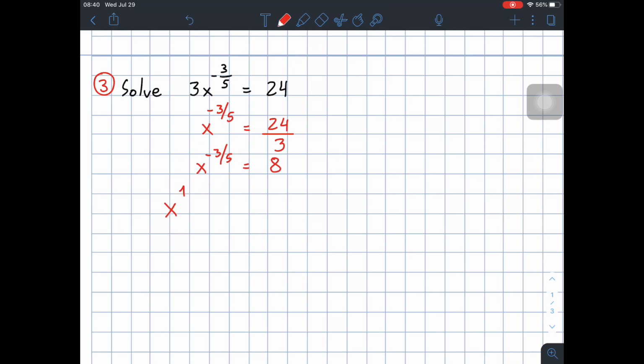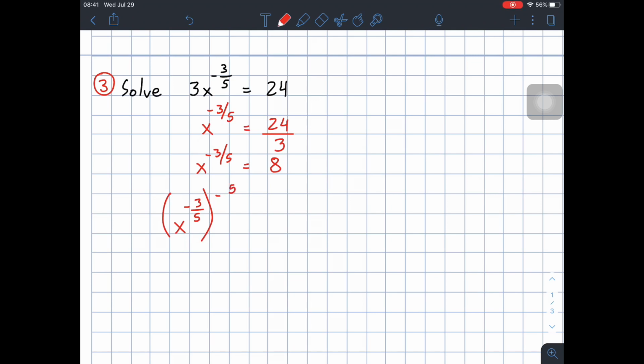And one thing I can do to obtain that is, for example, multiply, let me do this here, x to the power of negative 3 over 5, and all of this to the power of, in order to acquire 1, I need to multiply this to the power of negative 5/3, right?